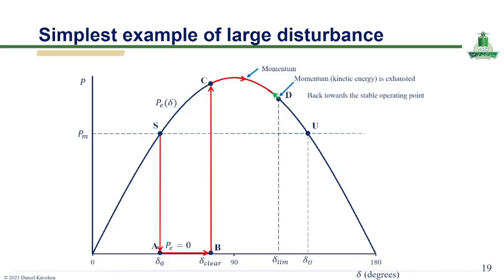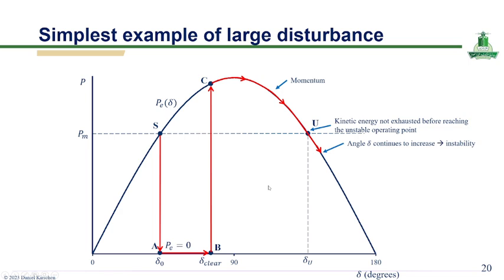Otherwise, instability occurs if the angle exceeds the critical limit delta lim.